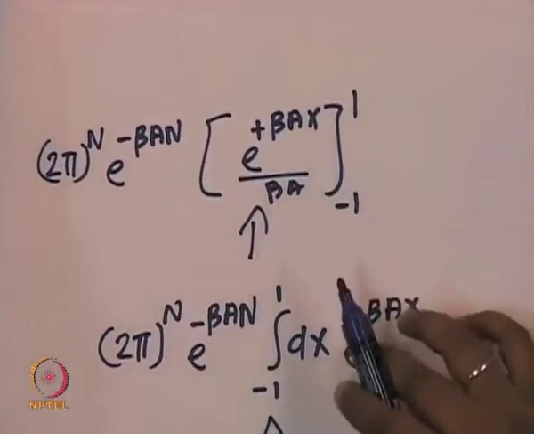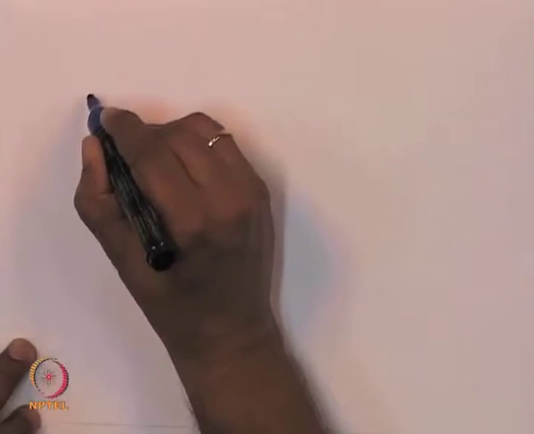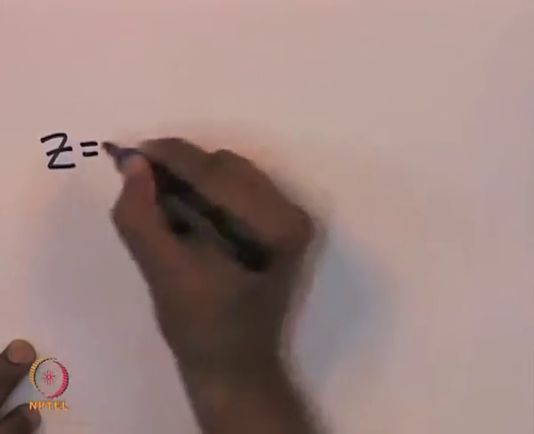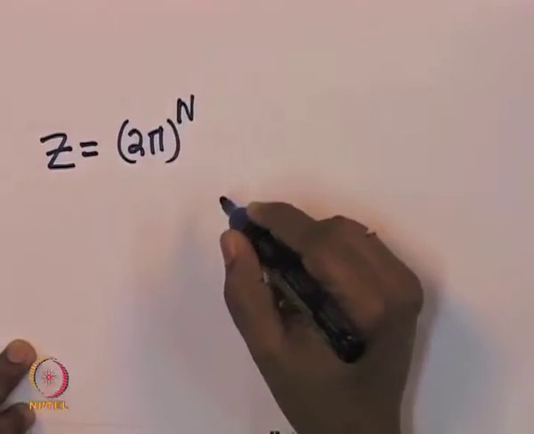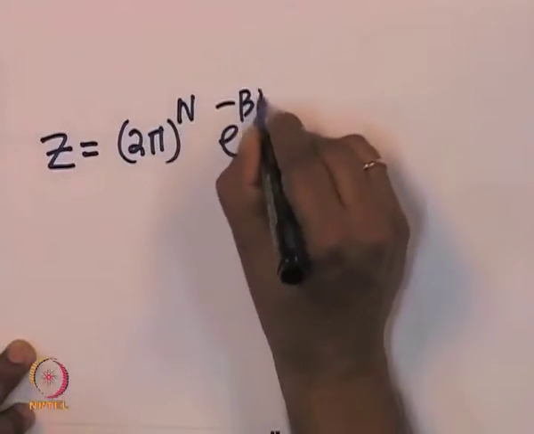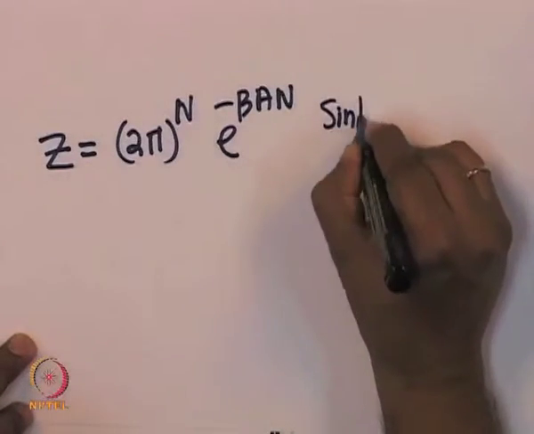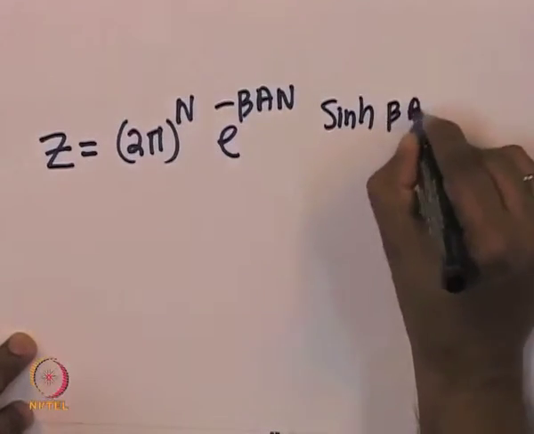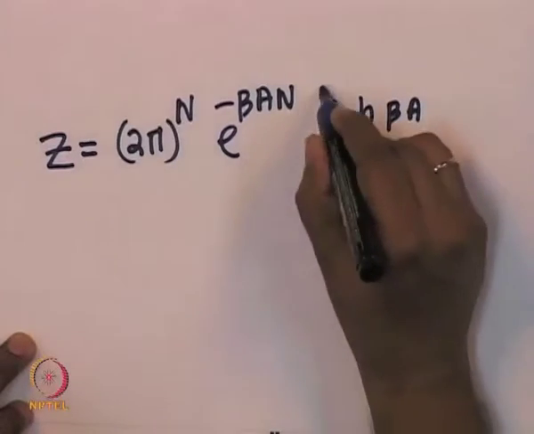So, if we apply the limits, what you will end up getting is the partition function as 2 pi whole power n, e power minus beta a n, times sine hyperbolic beta a divided by beta a, whole power n.